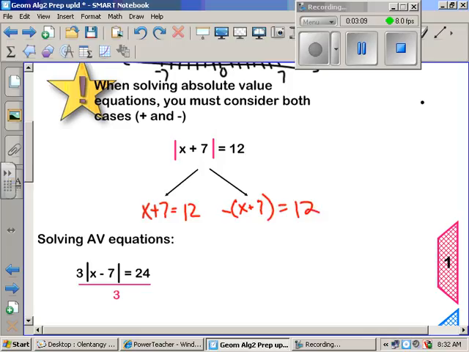We don't know. It could have been the positive version that equals 12 or the negative version that equals 12. Now, ordinarily what we would do is divide through both sides by negative 1 and make this x plus 7 equals negative 12.